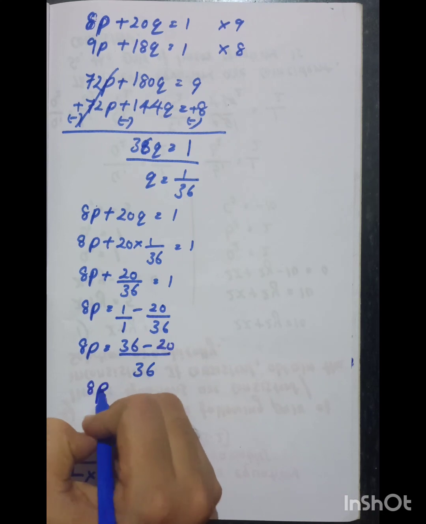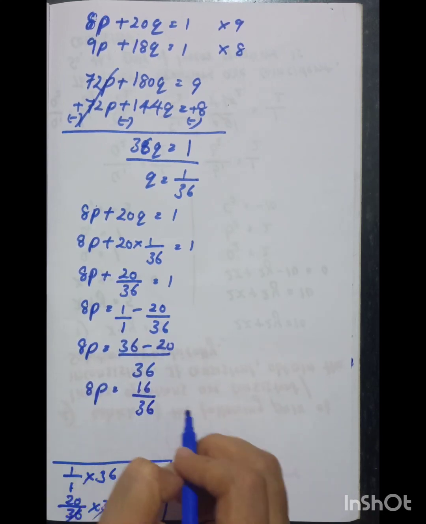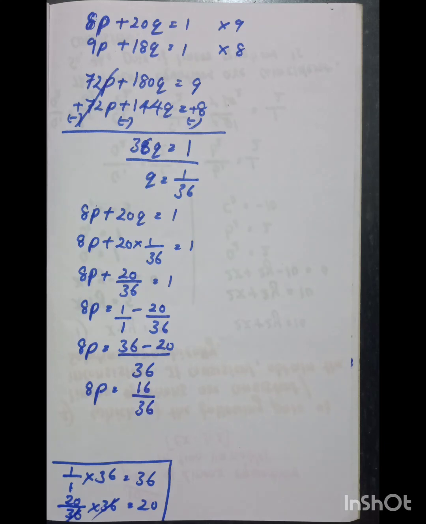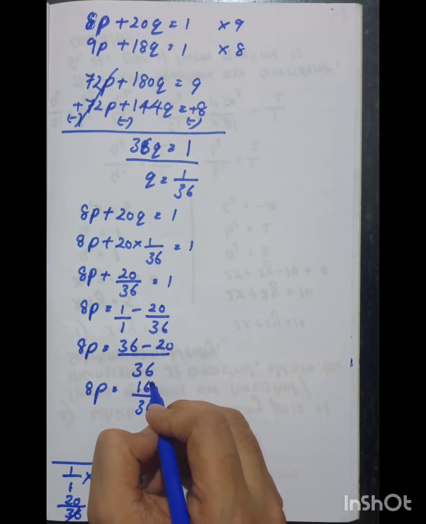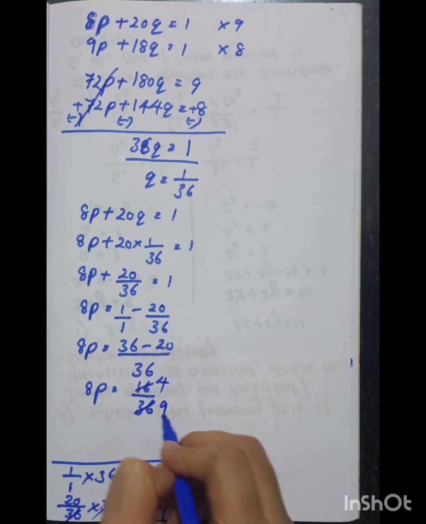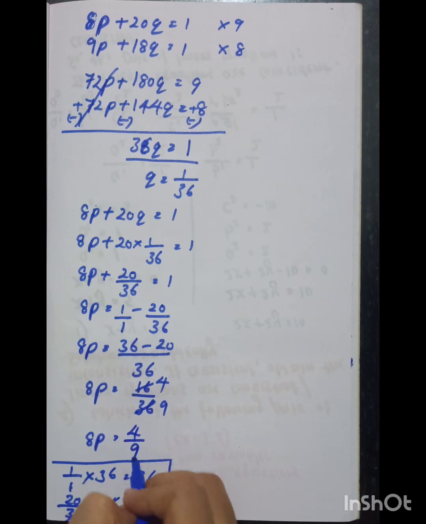Now 8p equals 36 minus 20, that is 16 by 36. Then you can simplify this, both are divided by 4, 4 4s, 4 9s, so 8p equals 4 by 9.